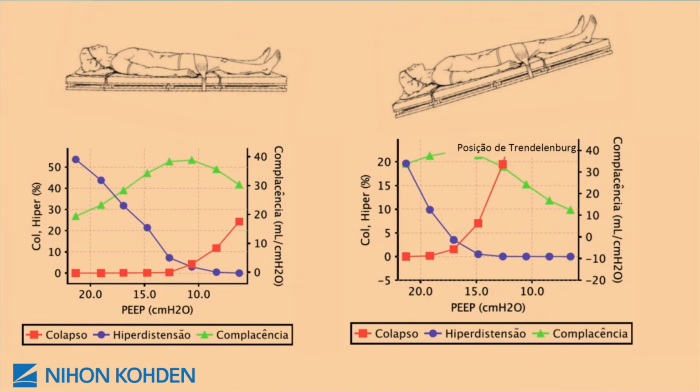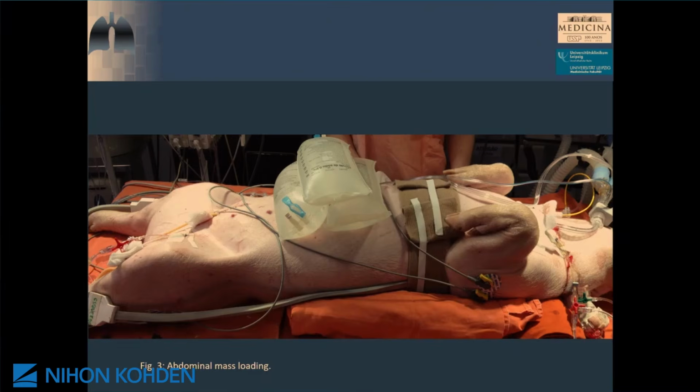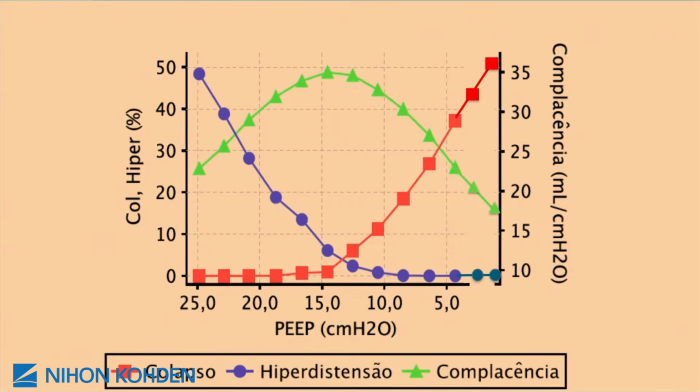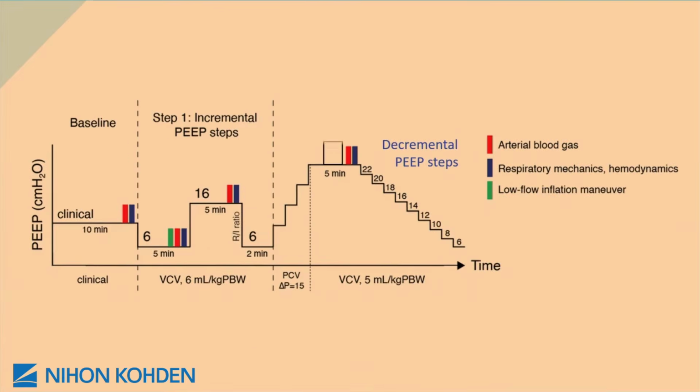A patient is supine. The crossing point is here at 11, so this patient would need an ideal PEEP of 11. But if I change position, the abdominal weight is going to increase pleural pressures, and then you need a higher PEEP.